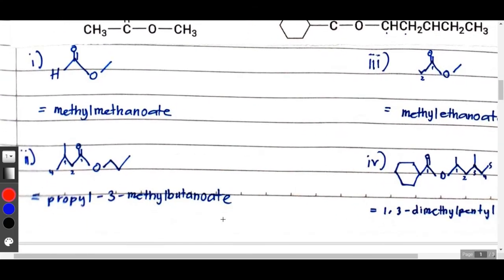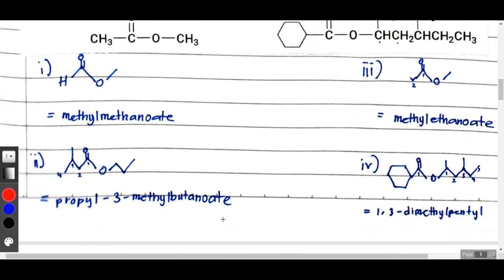All right, for the structure to name, for the first one, methyl, okay, methyl because there's only one carbon there, the C3. Right, methanol. Make sure you put a space between them.